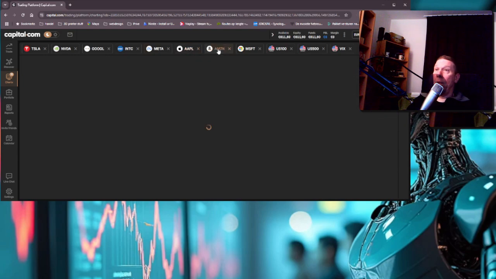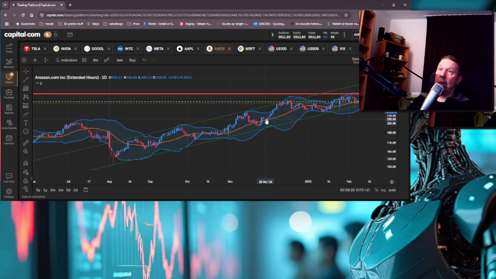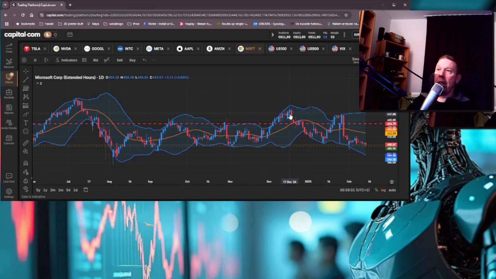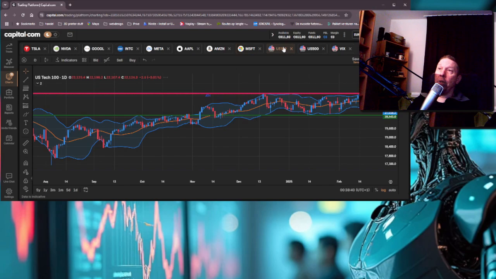Amazon, still in an uptrend, but reaching the support level right here. So we don't know if we're going to break or it's still going higher. And Microsoft is in a downtrend, but reaches the support and we see if it breaks the support. Well, US 100 is sideways.